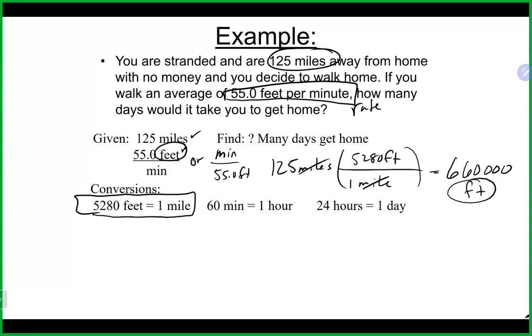And again, we're just going to continue on. Our feet are on top, which means we do want our feet to be on the bottom, which would be this guy right there. So we're going to go 55 feet per minute. At this point, that rate is going to turn our distance into time, which would give us minutes.